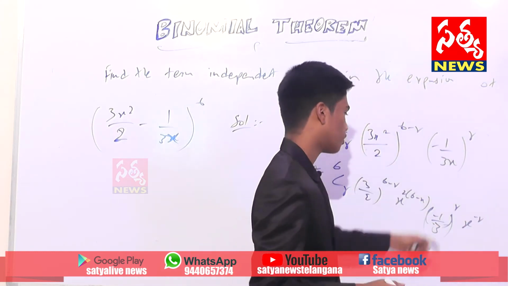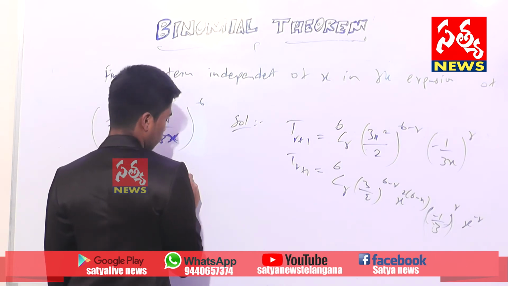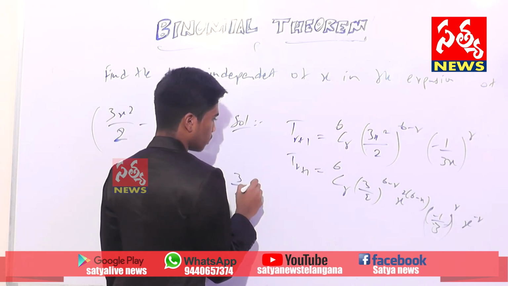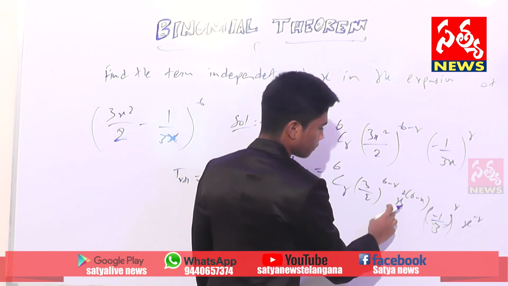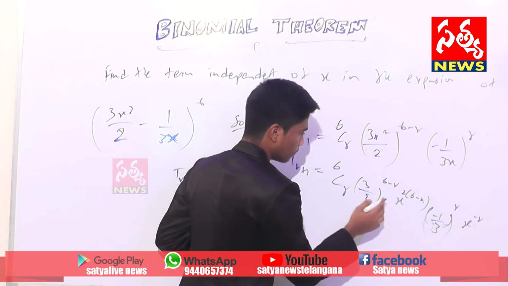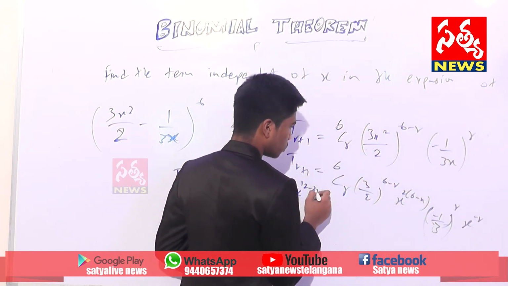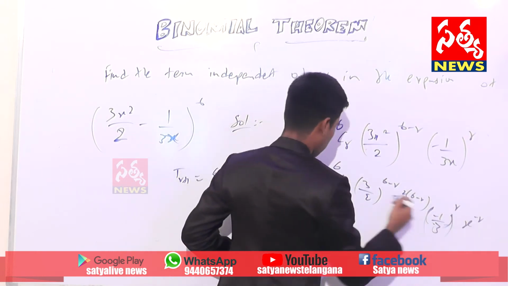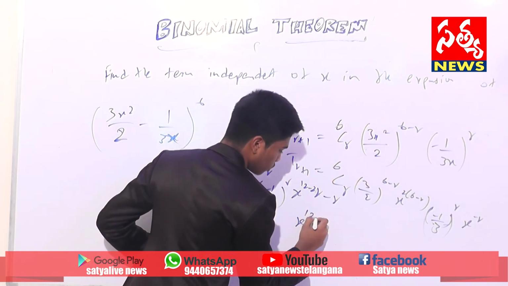As I brought the denominator to the numerator, I have put the minus sign. So T(r plus 1) equals 6Cr, 3 by 2 whole power 6 minus r, minus 1 by 3 whole power r, and x power 12 minus 2r, or sorry, 2r, and here minus r. Now the power of x will become 12 minus 3r.